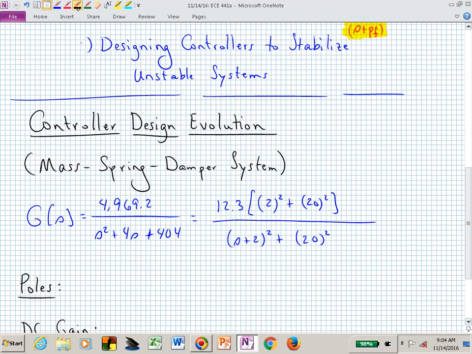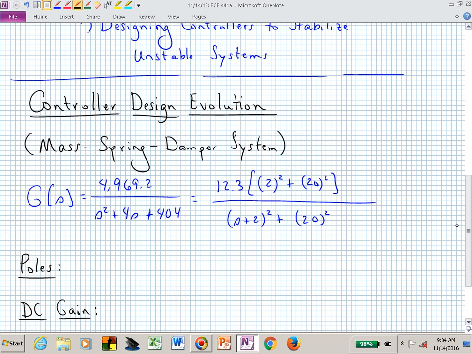Let's look at a typical, in air quotes, mass spring damper system. Your particular system may not look quite like this, but it should look something like this. It might have a numerator of about 5,000, and in the denominator we have 2 poles, which might be in the ballpark of a real part of -2 and an imaginary part of around plus and minus J20.